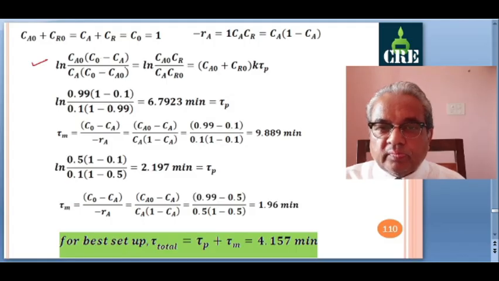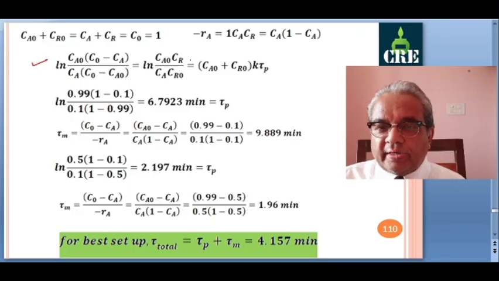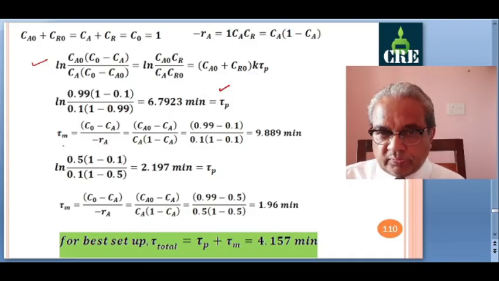C0 is 1, Ca is 0.1, and Ca0 is 0.99, all substituted. Ca0 plus Cr0 is 1. K is also 1, so this calculated value will be directly tau p. So tau p is 6.7923 minutes.